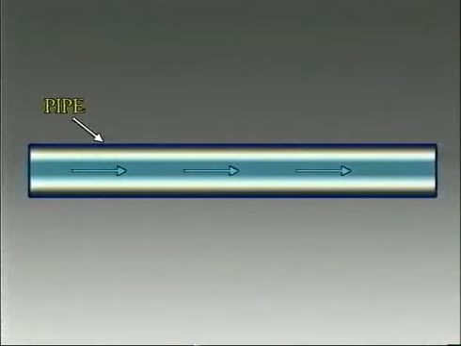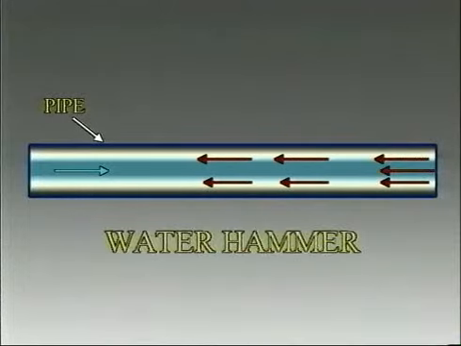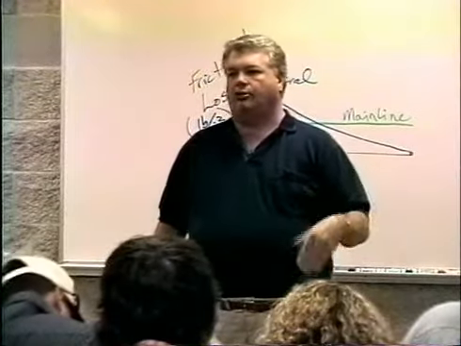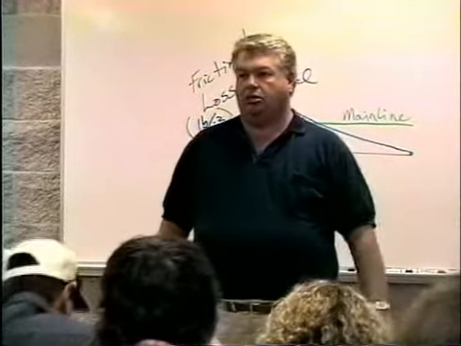An empty pipe, valve comes wide open, what happens? The pump goes to very low pressure and very high flow. So now what we have is extremely high velocity of water filling an empty void as fast as it can run down that pipe. Well, that water might get up to 20, 30 feet per second.